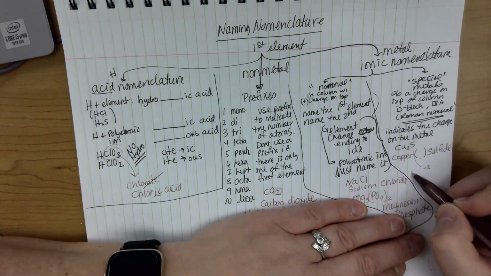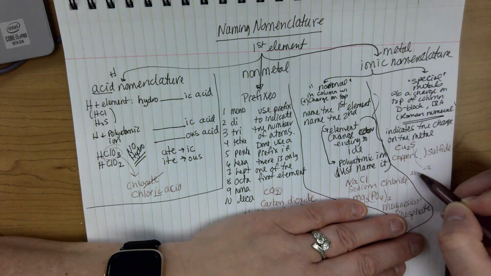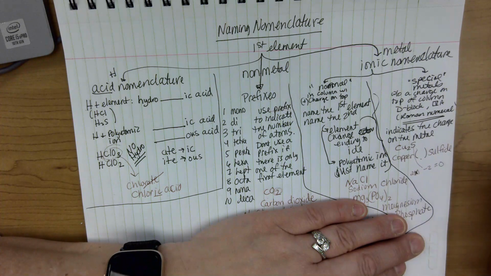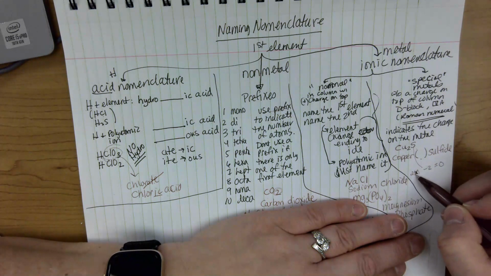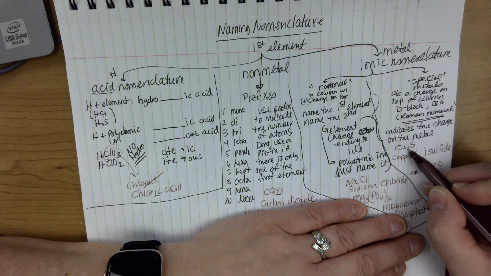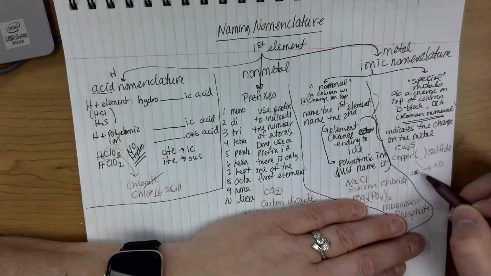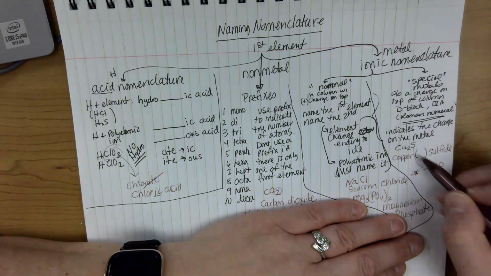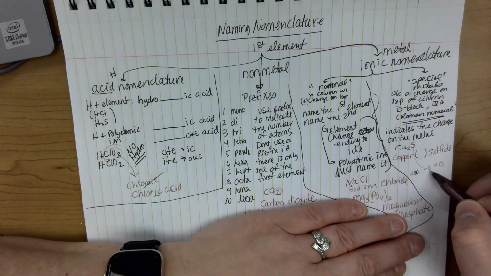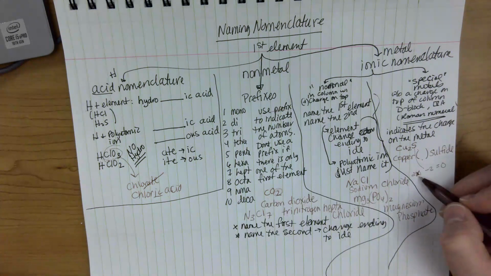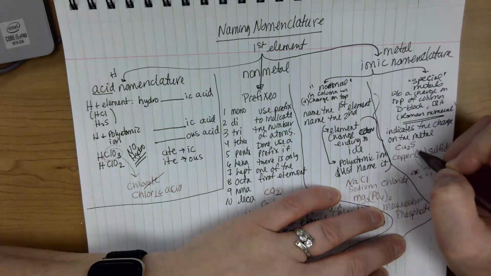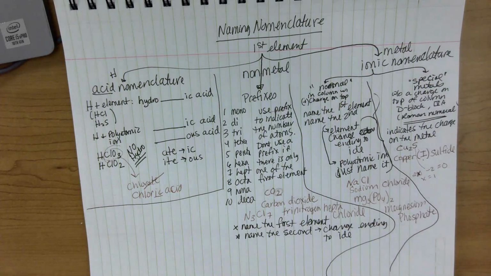So 2 times x minus 2 has to equal 0. So the number of the first element that I have times x, minus how many of the second one I have, which is just 1, times its charge from the periodic table, which is -2, has to equal 0. So that means x has to equal 1. So this is going to be copper(I) sulfide.